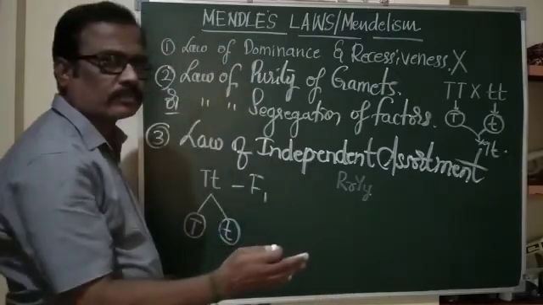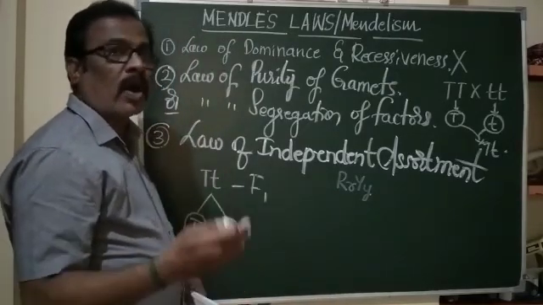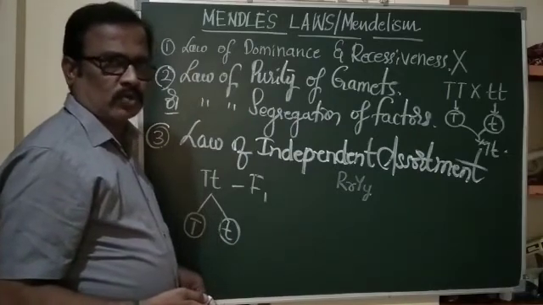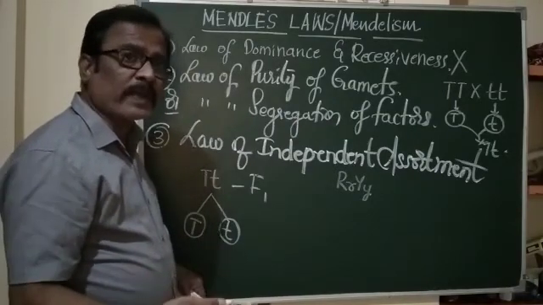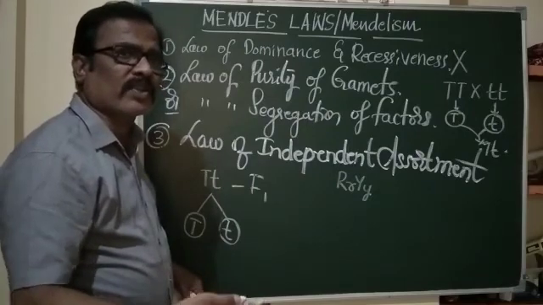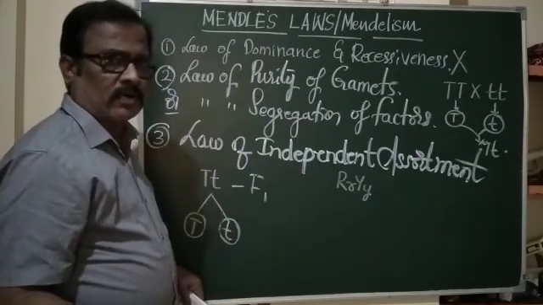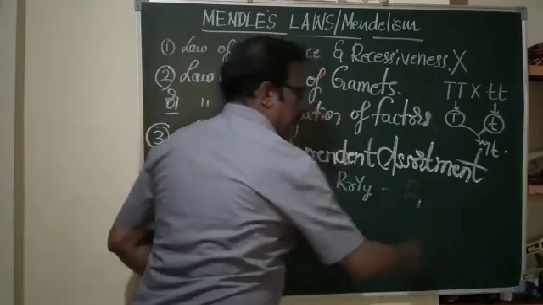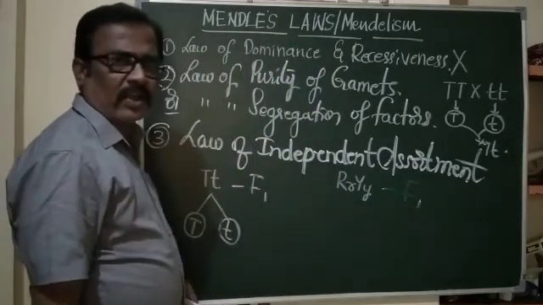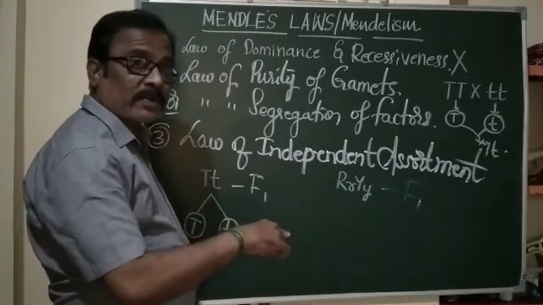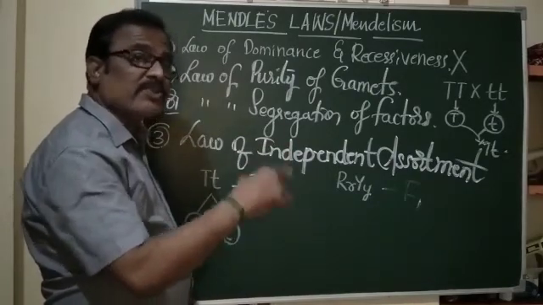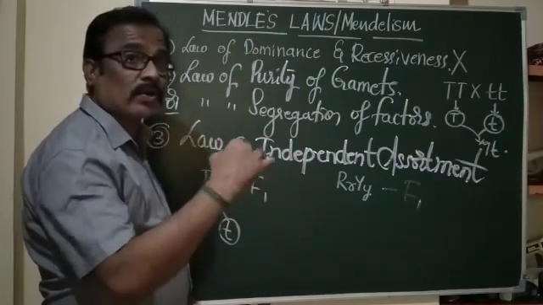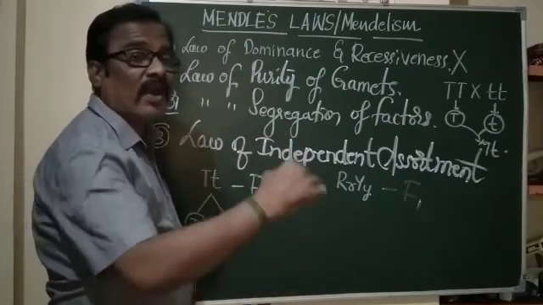When two or more than two pairs of contrasting characters are brought together in a hybrid, during gamete formation from this hybrid, this is F1 hybrid, heterozygous, round and yellow, each factor, each trait, each character assorts out independently of the other factor.